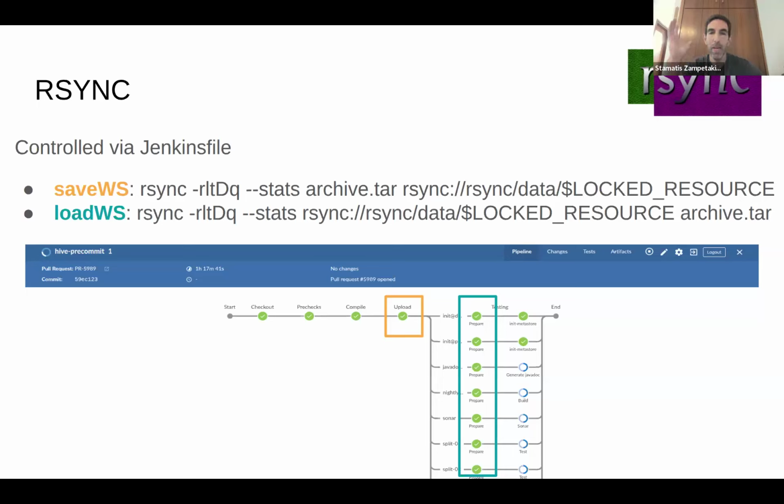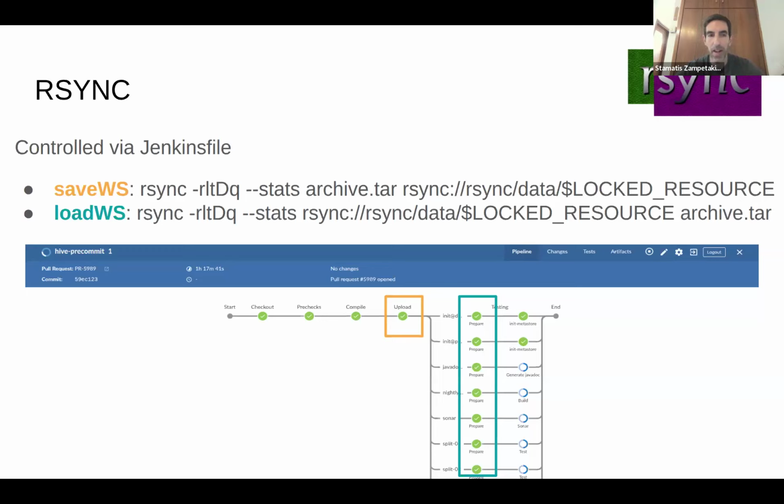So everything will be put into this archive.tar file, and we'll use the Rsync utility to transfer them back and forth from one Kubernetes, from one Google Cloud node to another, so from one pod to another.